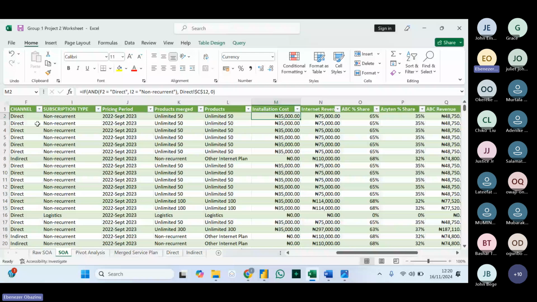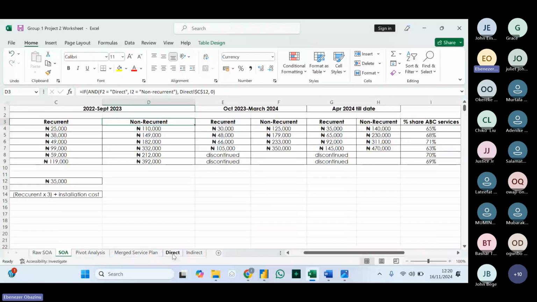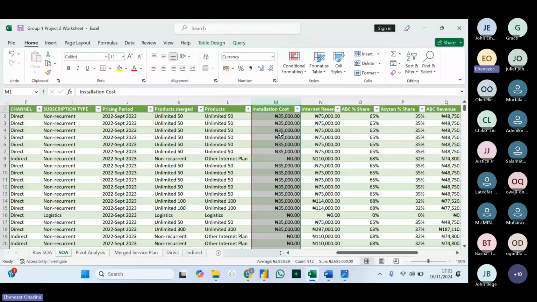So if they are direct and non-recurrent, return this C12 in this direct data set, that is to return this 35,000 here. So in this column now, we have only direct and direct non-recurrent that pay the installation cost.